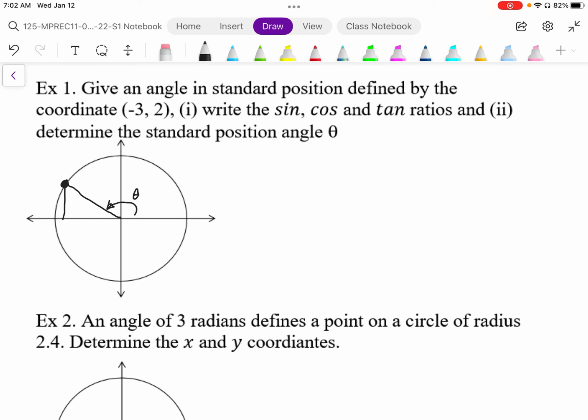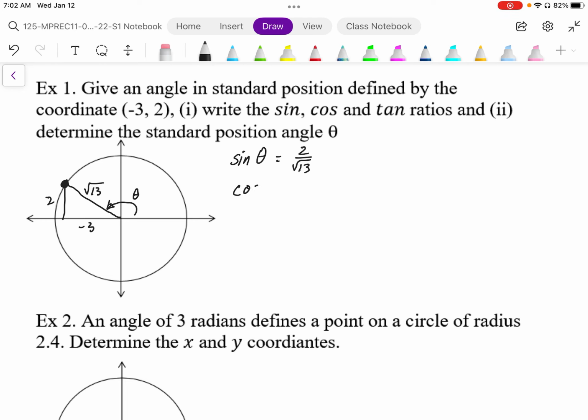Okay, so I'm going to write in the lengths, 2 and -3, and then using Pythagoras, I'm going to work out the length of the radius or hypotenuse. It ends up being √13. Once I have this diagram, to work out the sine ratio, the sine ratio is going to be the vertical position, 2 over √13.